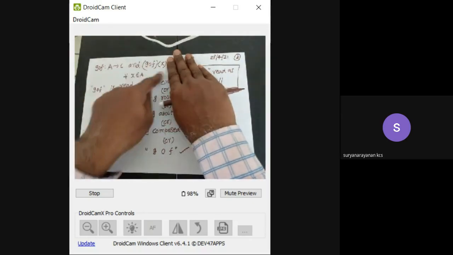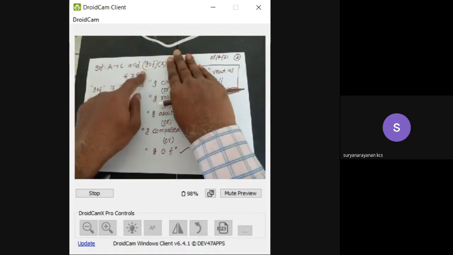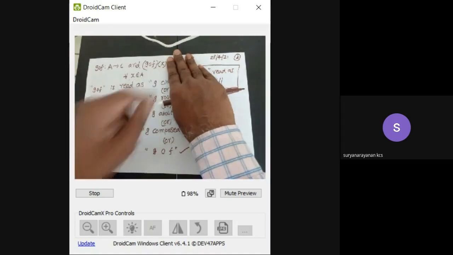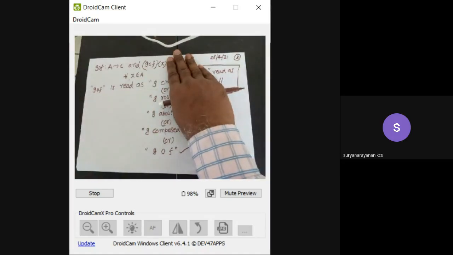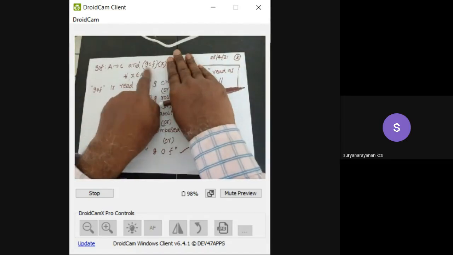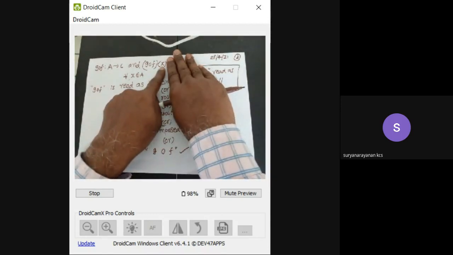So this entire notation denotes the image of element X under this function G circle F. Remember this point every time. Whatever letter is written in these small brackets denotes an element in the domain of the function.